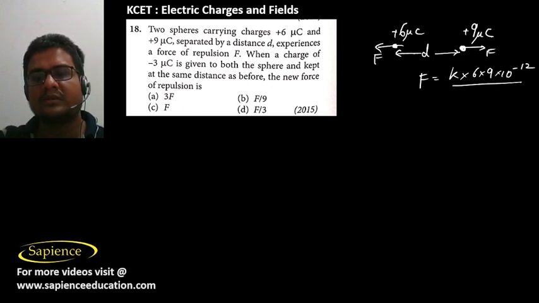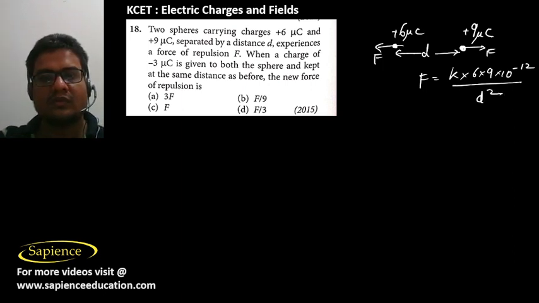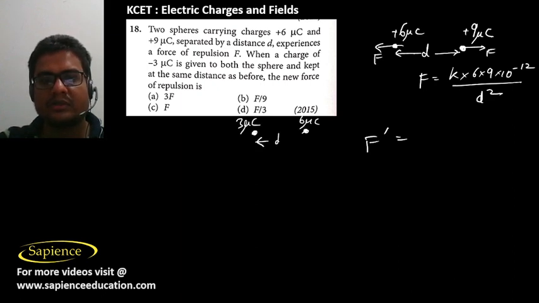When a charge of minus 3 microcoulomb is given to both spheres, their charges change: one is 3 microcoulomb and one is 6 microcoulomb, and their distance of separation is d only.